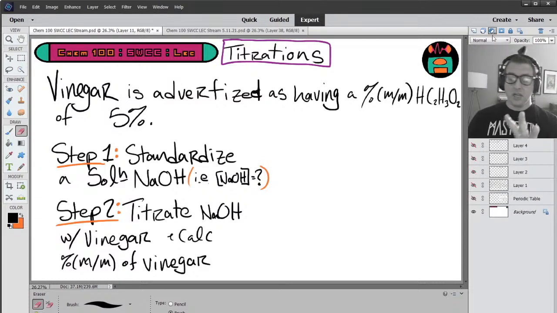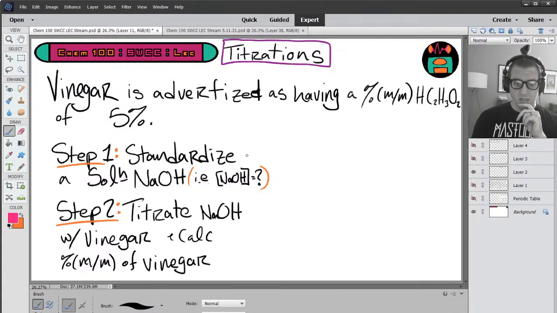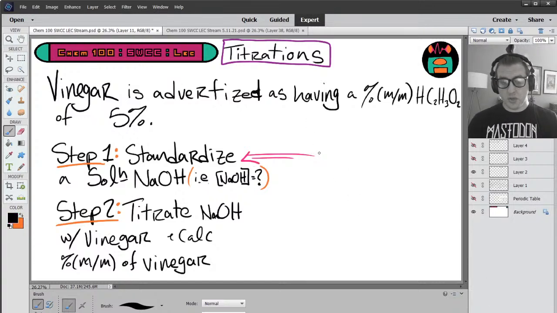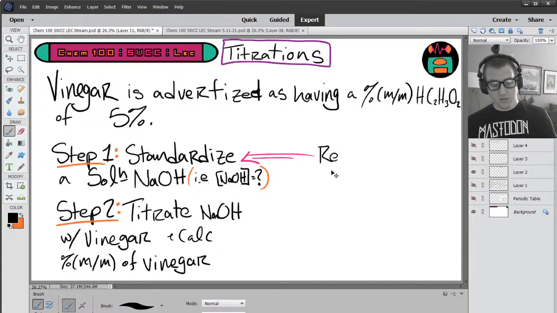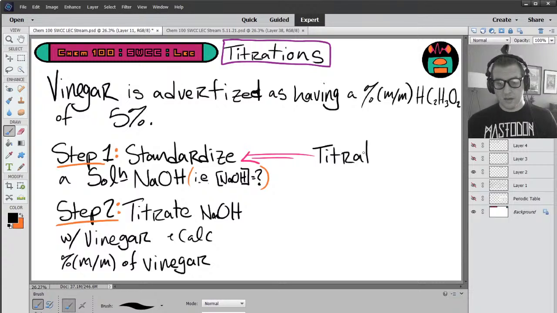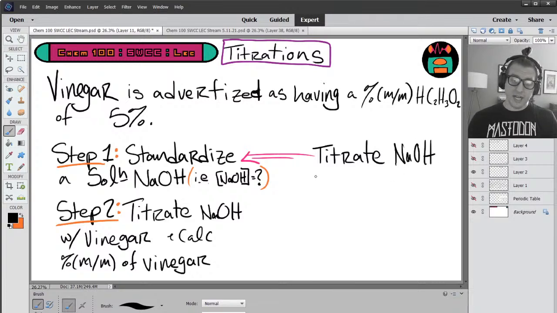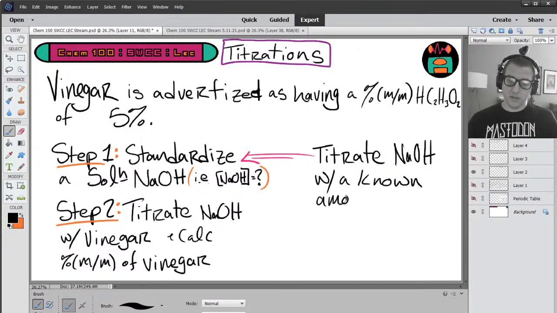All right, now, to accomplish these steps, starting with step 1, we need to titrate our sodium hydroxide with a known amount of acid.